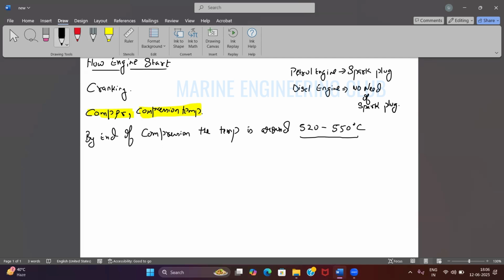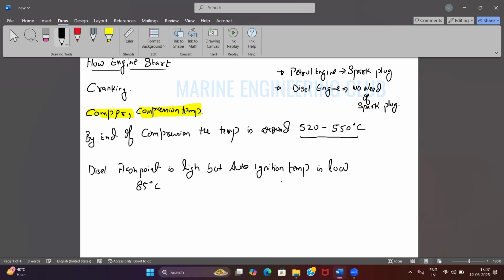Now we discuss, in petrol engines we will be needing spark plugs. In diesel engines, we don't need any spark plug. Why? The reason is that diesel's flash point is high, around 85 degrees Celsius, but its auto ignition temperature is low, around 500 degrees Celsius.